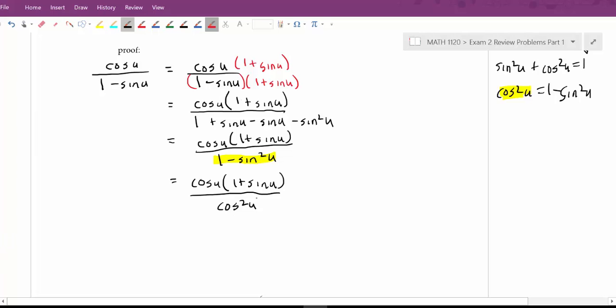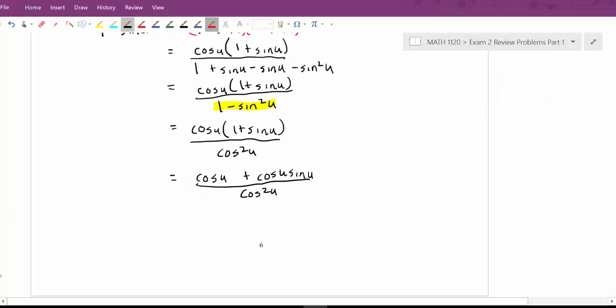So let's go ahead and multiply out the numerator now. So we're going to have cosine of u plus cosine u sine u all over cosine squared u. Now what I would do at this point is split this up into two parts. So I'm going to have cosine u over cosine squared u plus cosine u sine u all over cosine squared u.